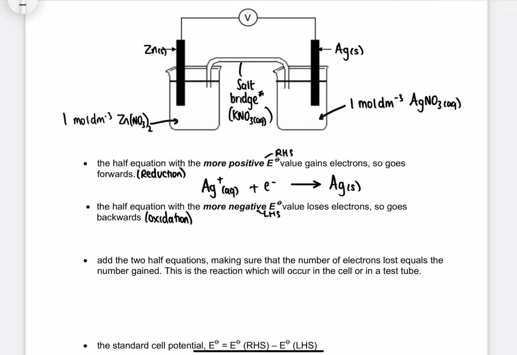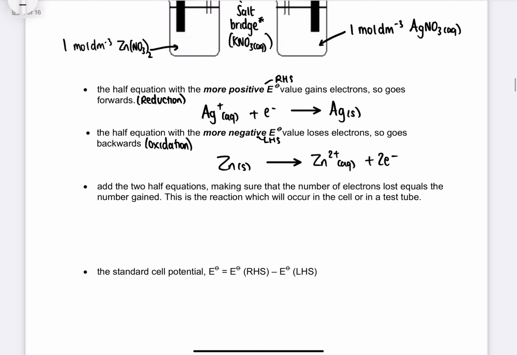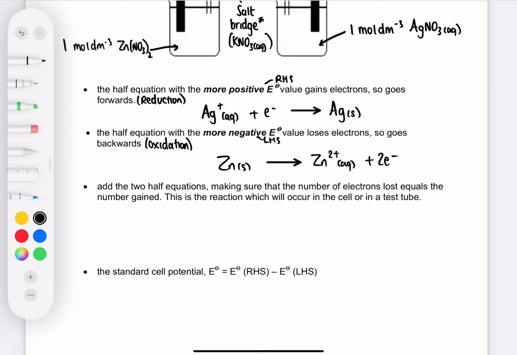So instead of being Zn2+ to Zn, it's going to be Zn becomes Zn2+. It's oxidized to zinc ions and 2 electrons. In order to combine those, we need to make sure the number of electrons lost is equal to the number gained. So I'm going to times the top half equation by 2 before I combine them.